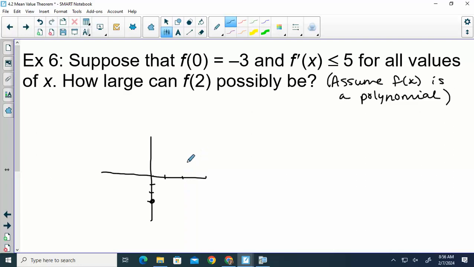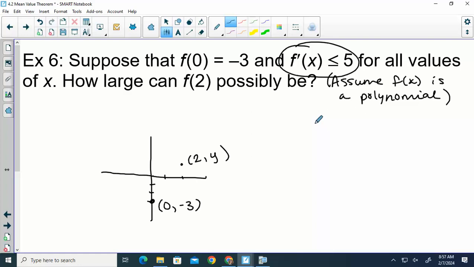Okay, so whatever that point is, just going to make up the value. My x would be 2, and my y value is to be determined. That's what we're trying to find. But the other thing I know is that the derivative, what's the biggest value our derivative ever hits? 5.